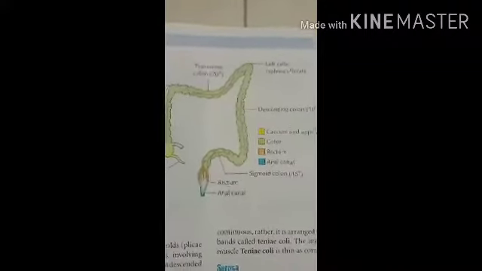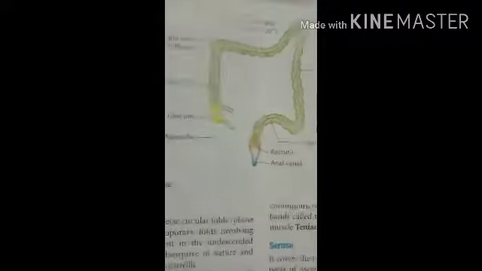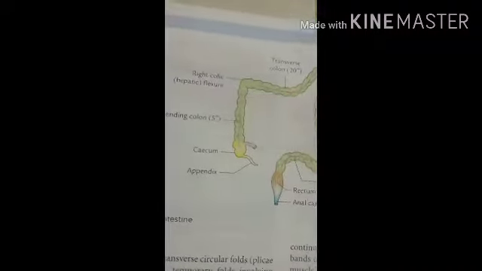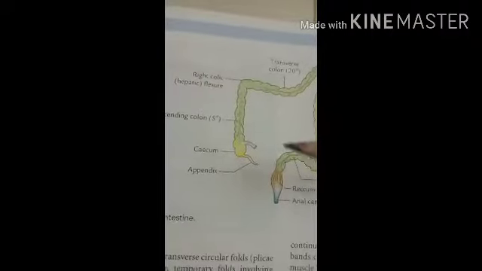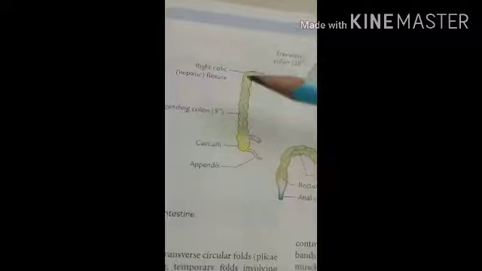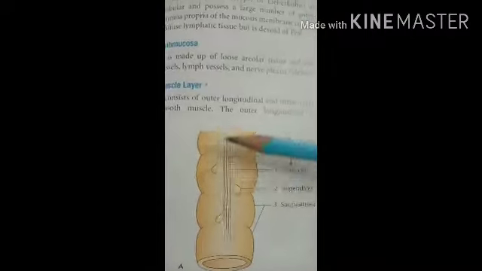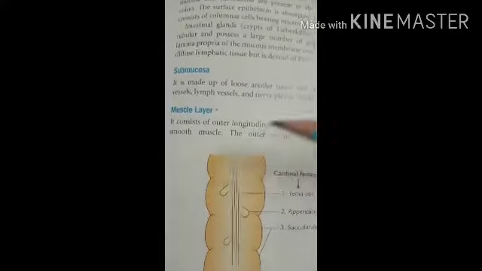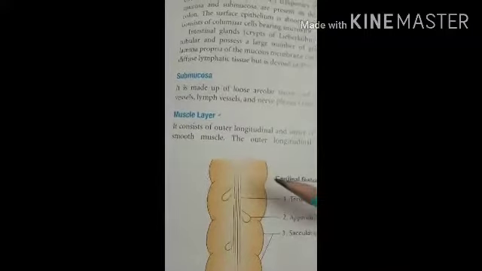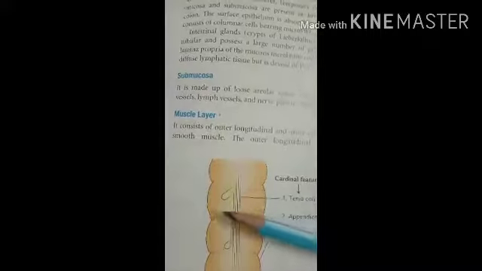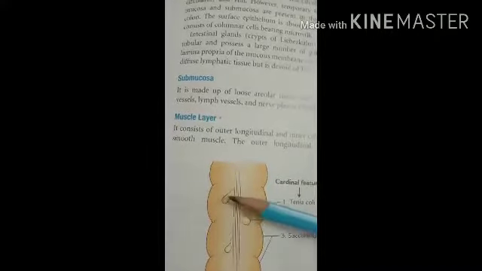These are given names. The one present anteriorly is called the tinea libera, the posteromedial one is called the tinea mesocolica, and the posterolateral one is called the tinea omentalis. So here in this diagram you can see the anterior band is called the tinea libera, the posteromedial band is called the tinea mesocolica, and the posterolateral band is called the tinea omentalis.